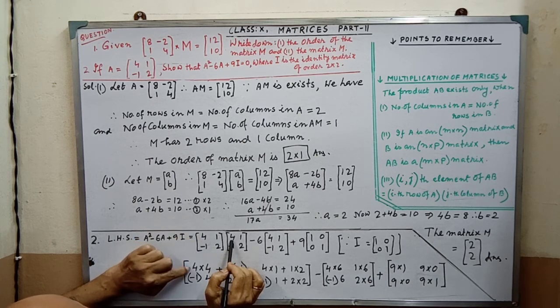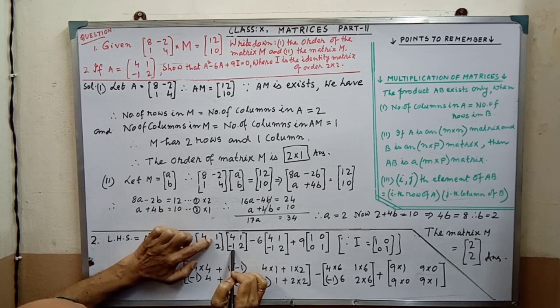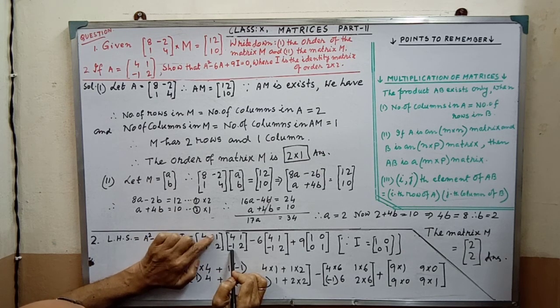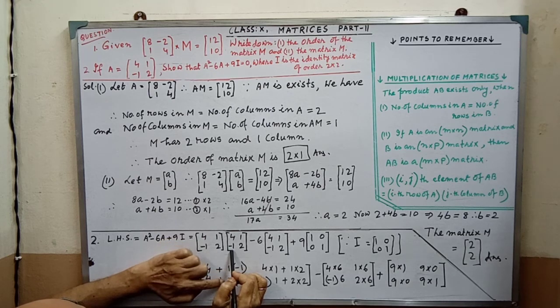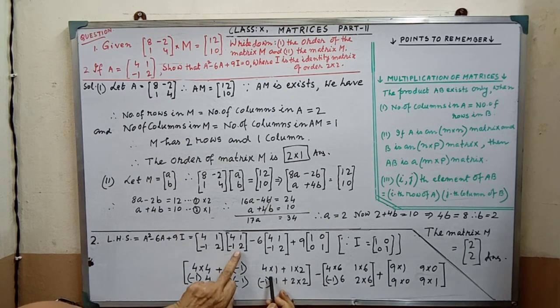4 with 4 we have to multiply this column by this 4. That means 4 into 4 and minus 1 into 4. This completed. Then this column we have to multiply by minus 1. That means 1 into minus 1, 2 into minus 1. This completed. Again, same thing we have to follow here.